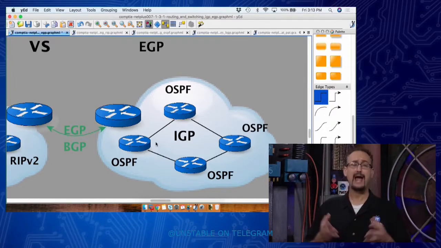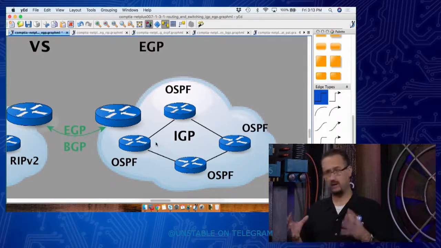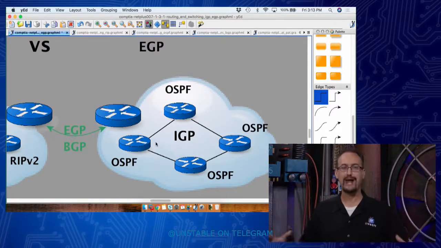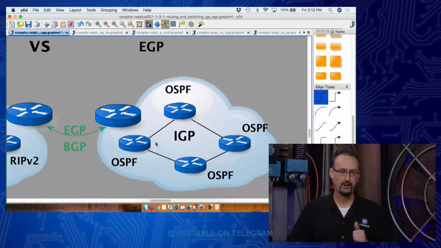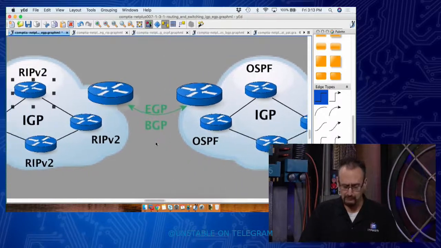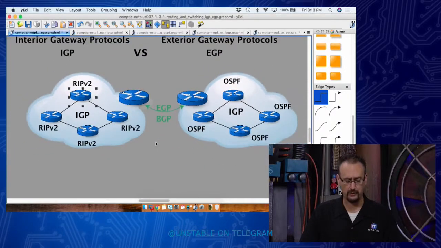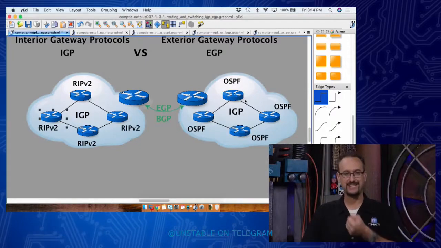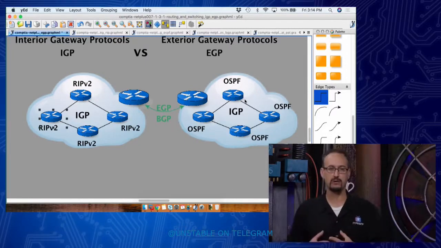For instance, Apple has an autonomous system, but I can guarantee you it's not just one small little network. It's a bunch of big networks, but Apple controls it, right? So know what autonomous systems are. Interior gateway protocols don't share information across autonomous systems, right? That's why they say interior. It's inside of your network.